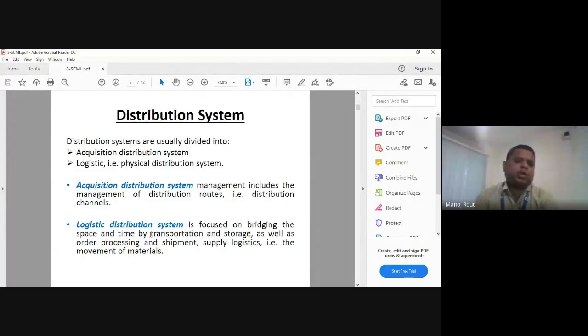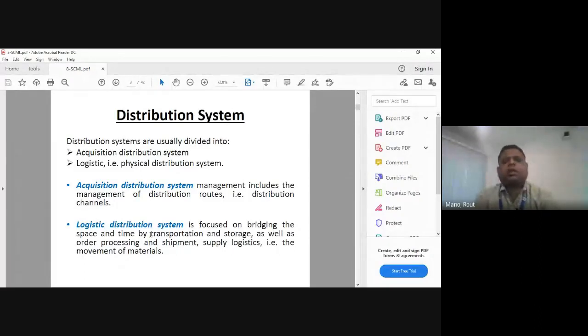If you go to the definition, the acquisition distribution system includes management of distribution routes, that is, distribution channels. As you know, there is the vertical channel, the horizontal channel, and some traditional channels basically used in the Indian scenario for the distribution of products and goods from one place to another.